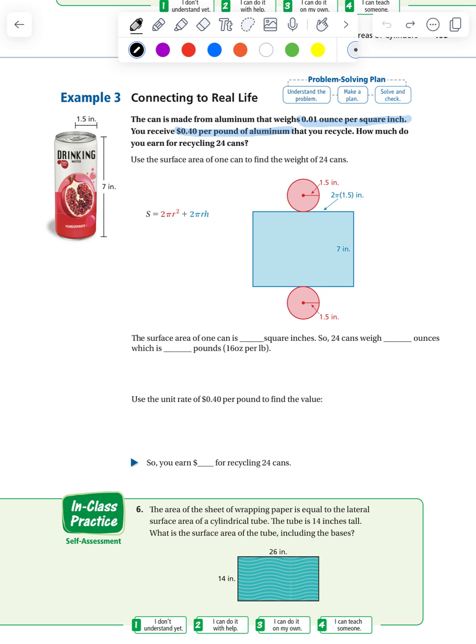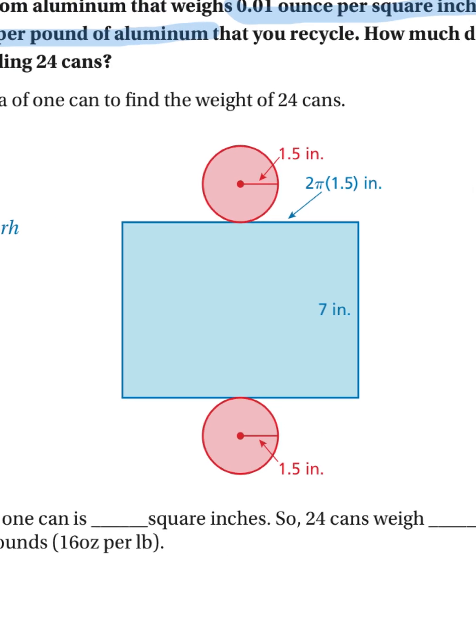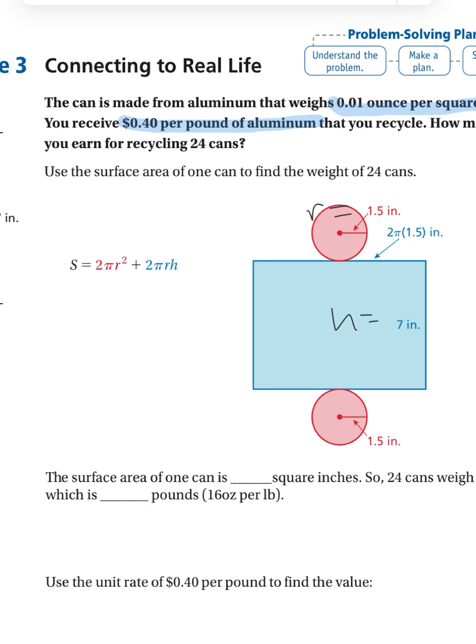Okay, so first we're gonna find the surface area, plugging in what we know. I see that R is 1.5, and I see that H is 7. So I'm gonna go to my formula over here.